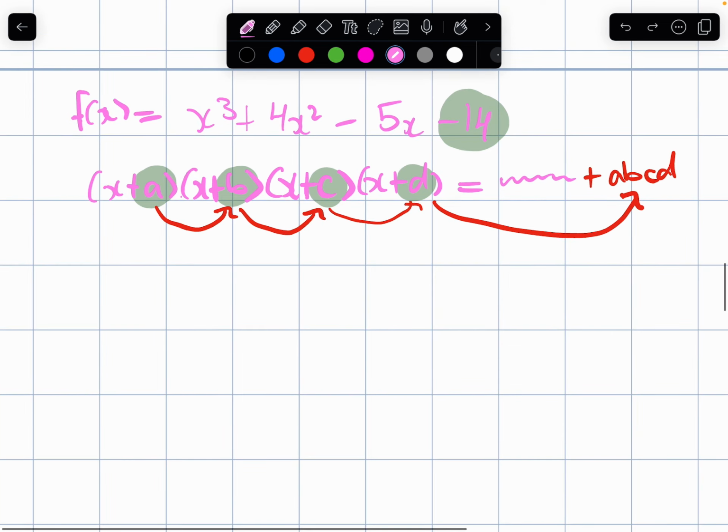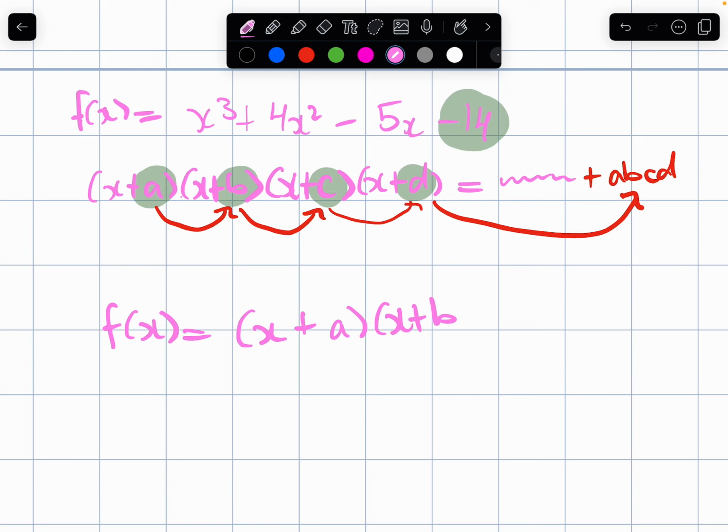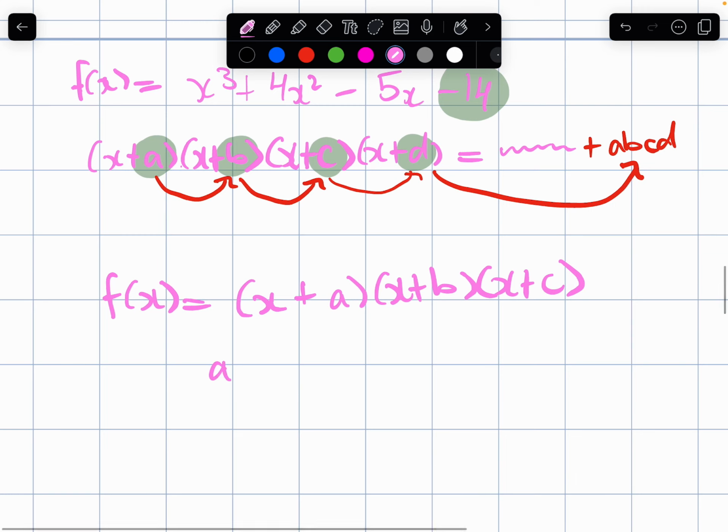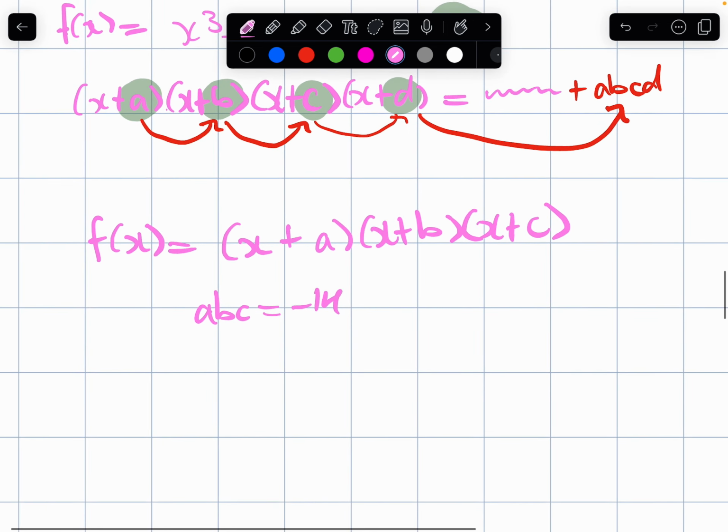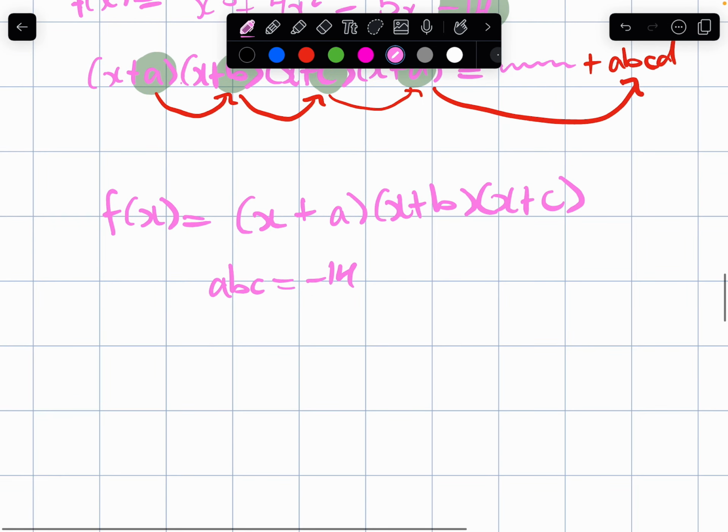No matter what our 3 terms are, x plus a, b, c, abc equals negative 14. So a, b, or c will be a factor of negative 14.